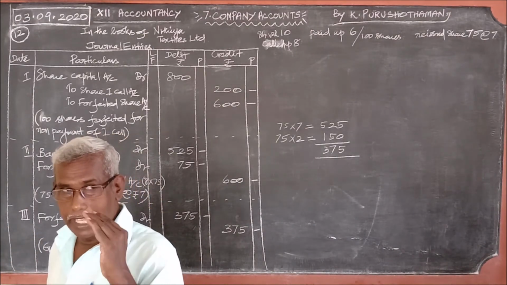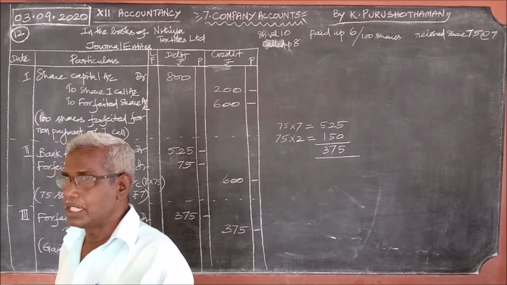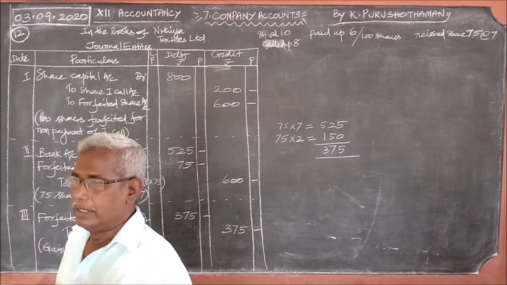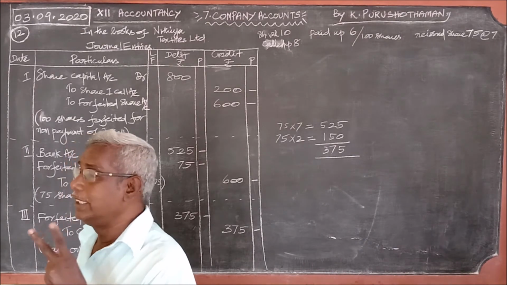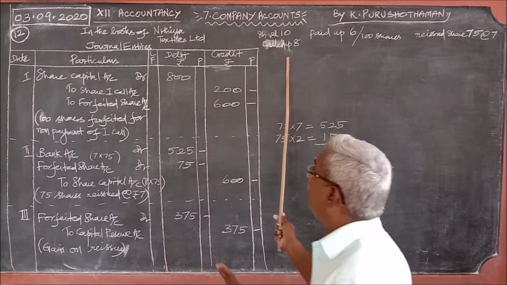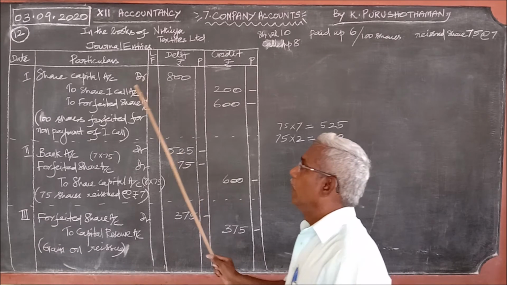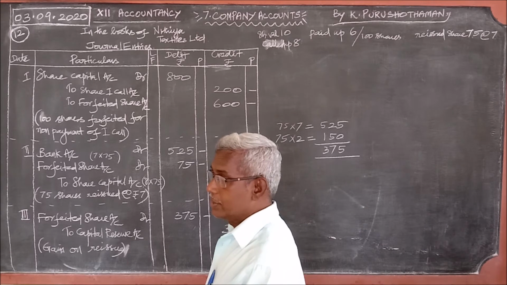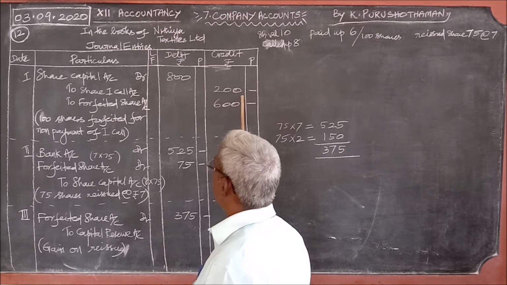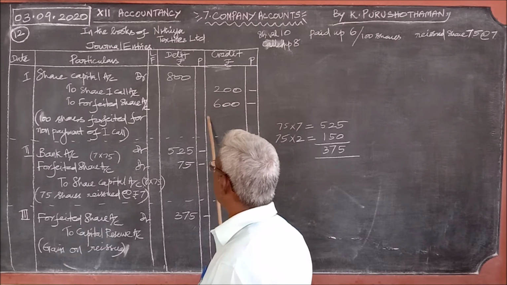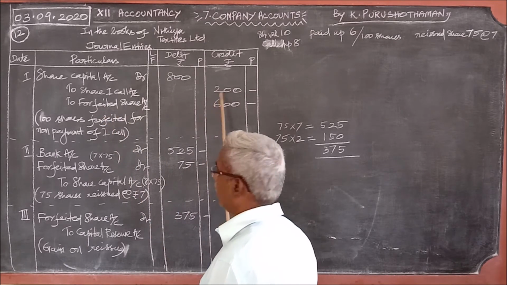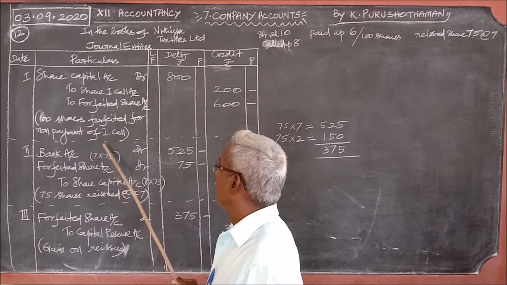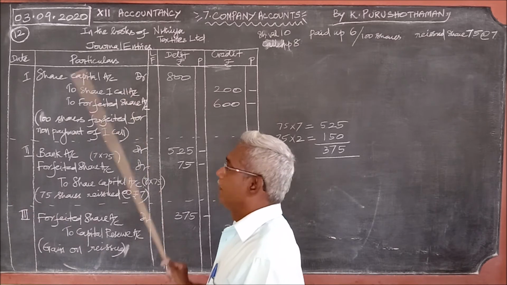That is why I have written share first call account: 100 shares, 100 into 2, 200. And therefore the balancing figure must be under forfeited share account, that is 600 rupees. So 100 shares forfeited for non-payment of first call. Okay, the forfeiture is over.